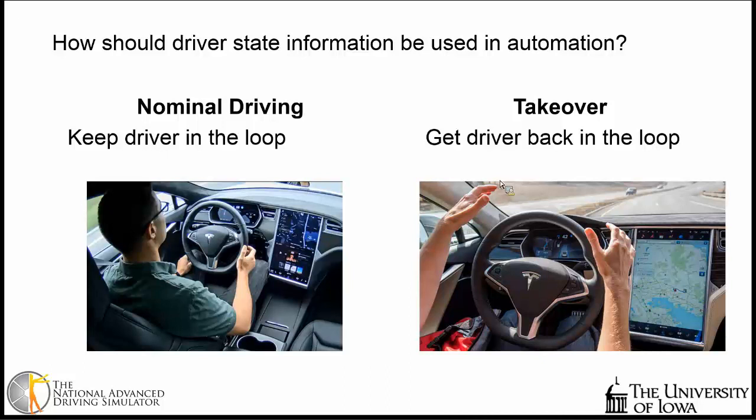First, keeping the driver in the loop during periods of nominal driving, situations where the automation is working and the driver is just sitting back, letting the automation do its thing. But because the driver is expected to be the fallback to take control in situations where the automation fails or misses something, driver monitoring can be used to keep the driver engaged.